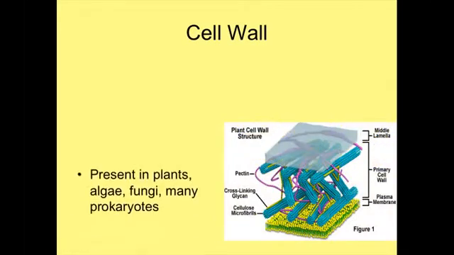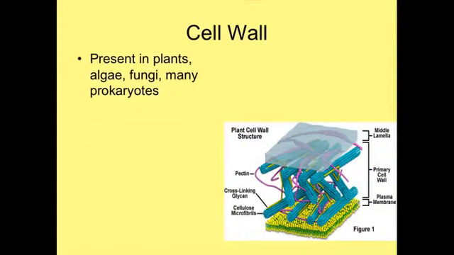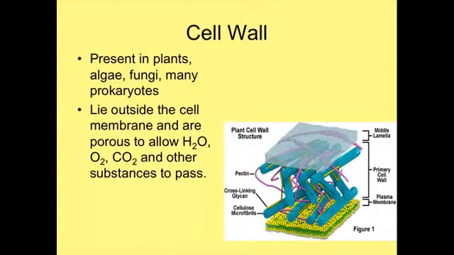The cell wall, on the other hand, is present in plants, algae, fungi, and many prokaryotes. Prokaryotes, remember, are bacteria. These lie outside the cell membrane and are porous. Porous means they have little holes and they allow things to move in and out.